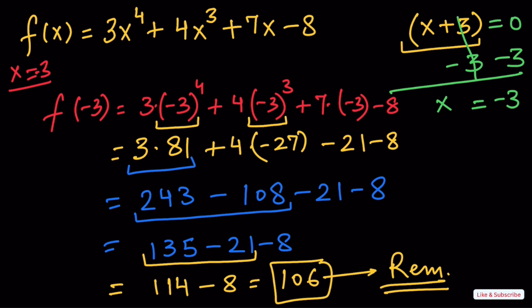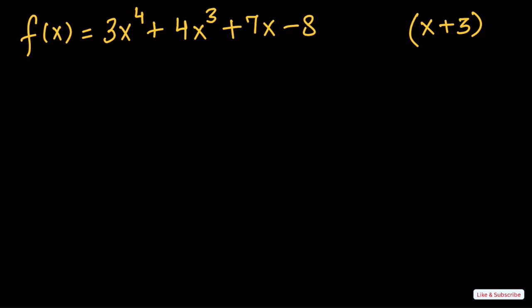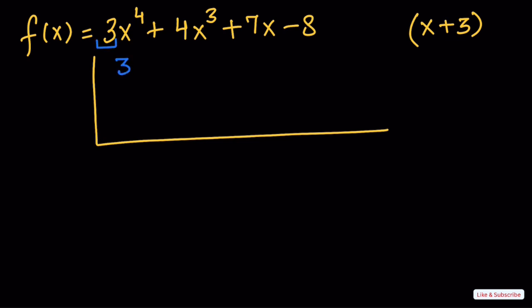Now we will confirm this answer by using synthetic division. Same function, same divisor, x plus 3. For the synthetic division, first we'll draw something like this. Now inside we'll write the coefficients. The coefficient of x raised to power 4 is 3. The coefficient of x raised to power 3 is 4.